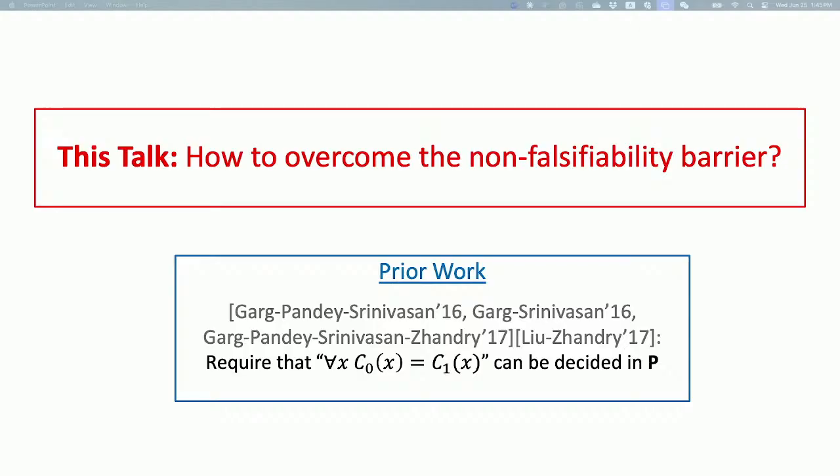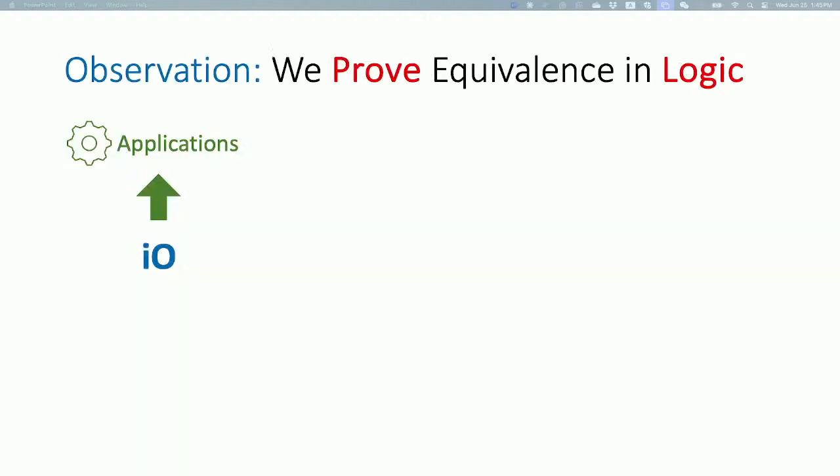However, for all of those works, there exists a polynomial time algorithm that takes the source code of the 2 programs as input, and that algorithm can decide the functionality equivalence of the 2 programs in polynomial time. So in this work, we're going to take a different route.